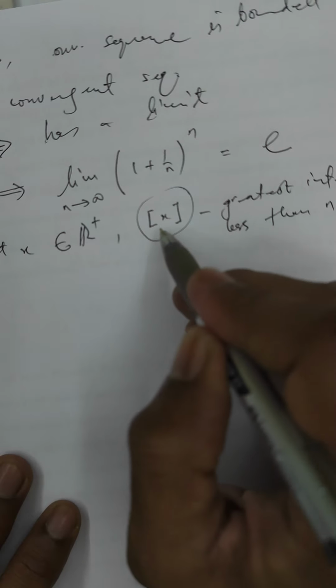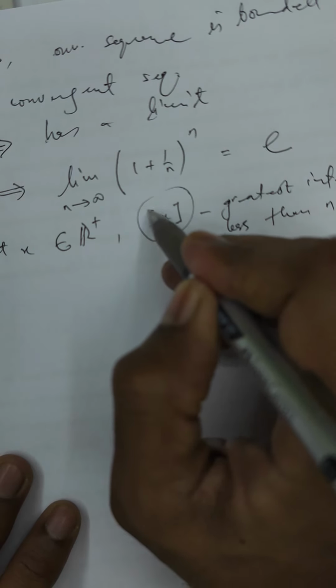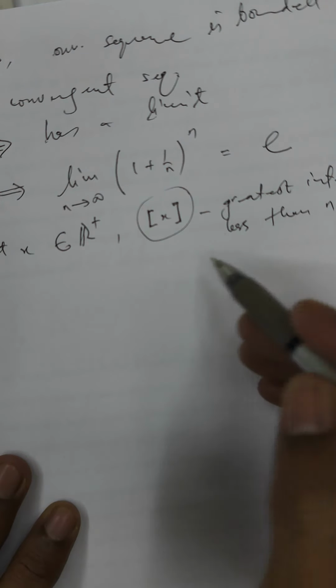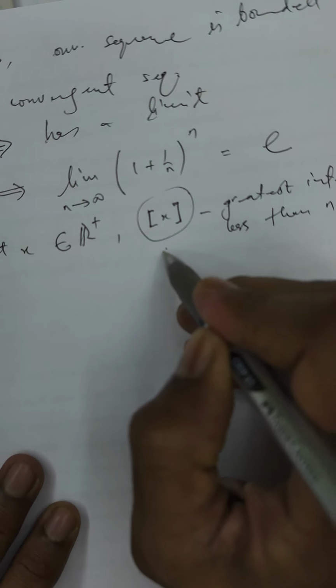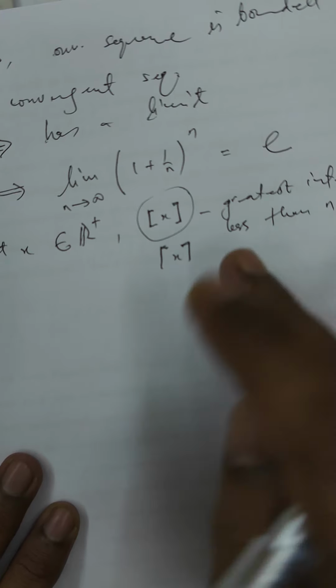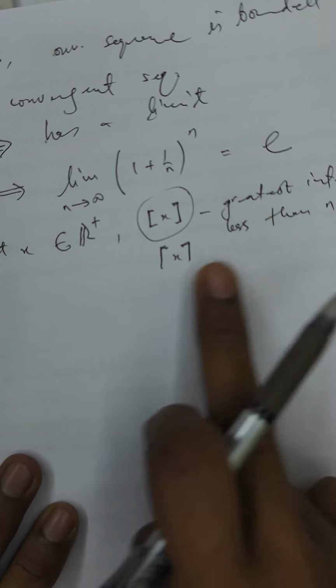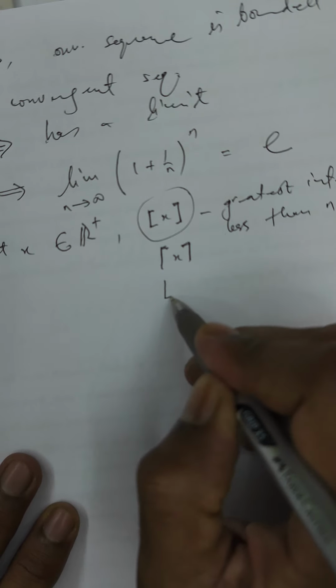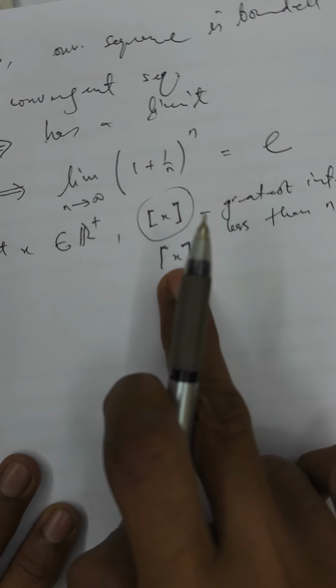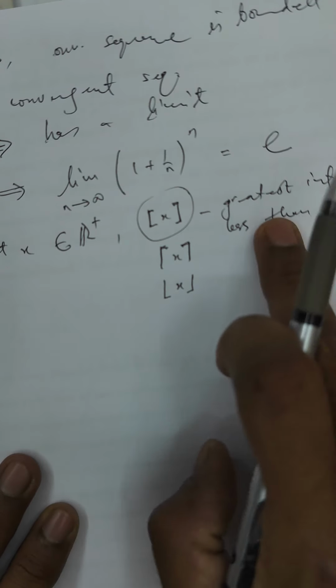Normally I put in your notes we use that notation, those brackets. In some books they use that symbol. The greatest integer less than x. If you use this other symbol, this is the smallest integer greater than x. Now in this case we use that symbol, which means the greatest integer less than x.